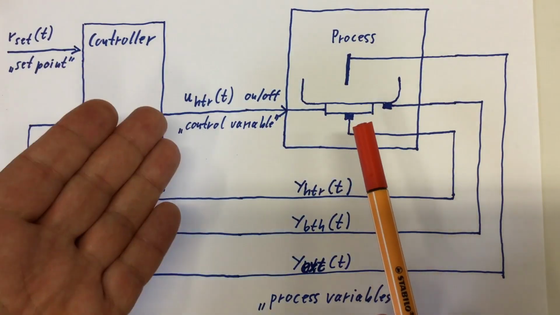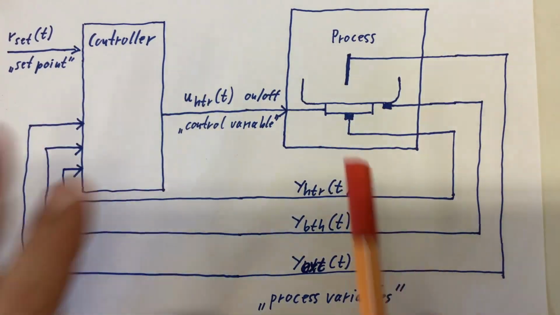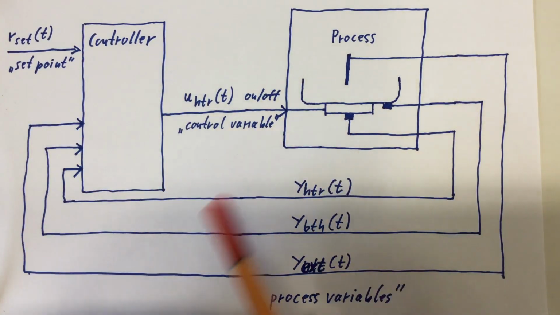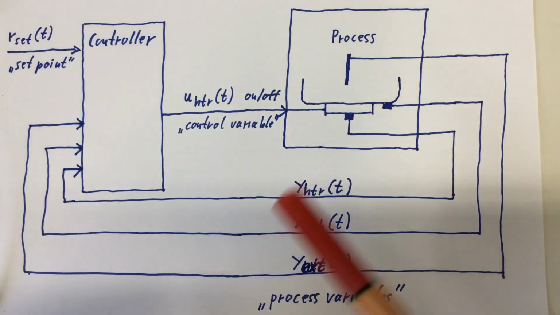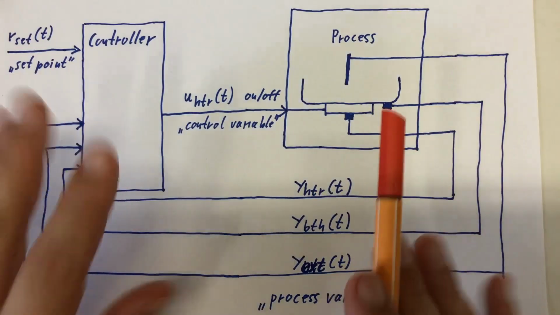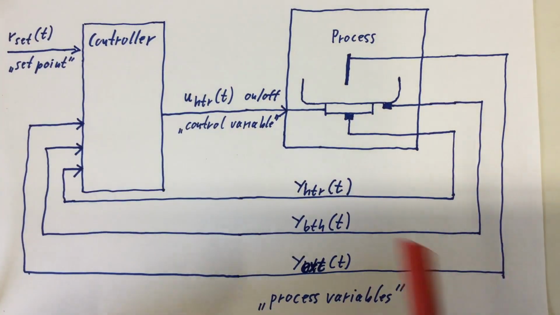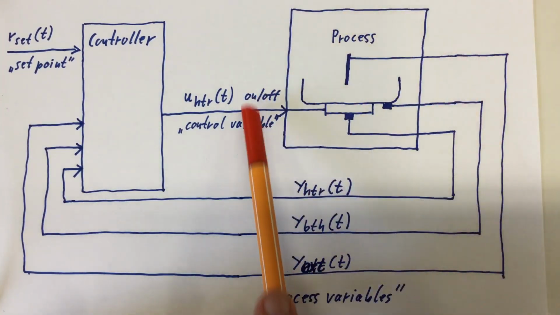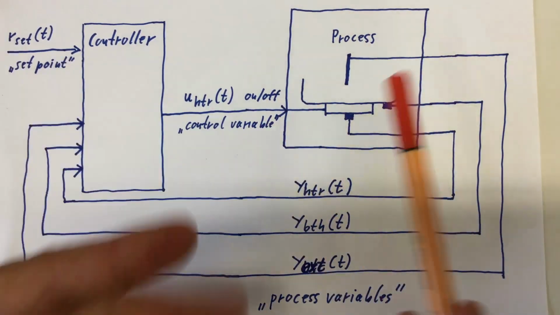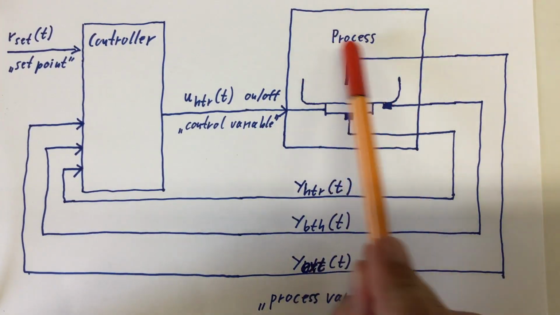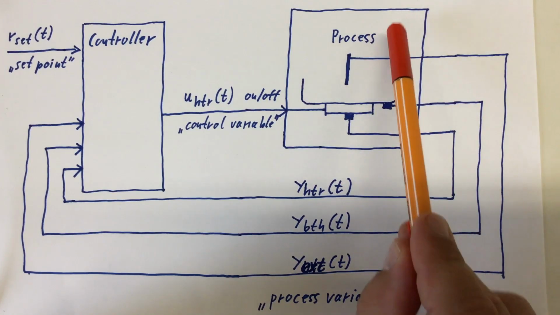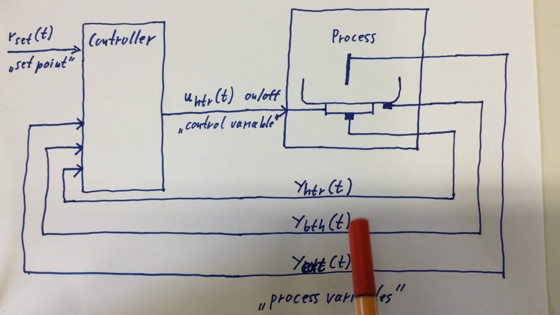And disclaimer at this point, this video is not intended as a tutorial or introduction to controlling theory, okay? With that said, we have our process, that is our laboratory water bath. In controlling theory, this is also sometimes called a plant, for obvious reasons.